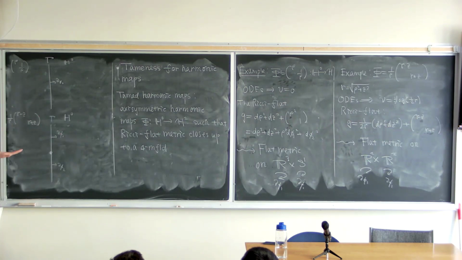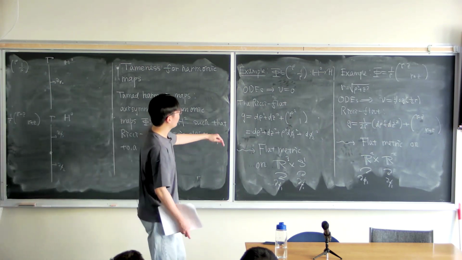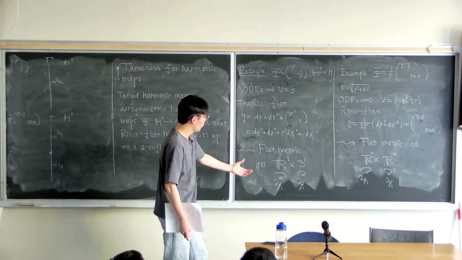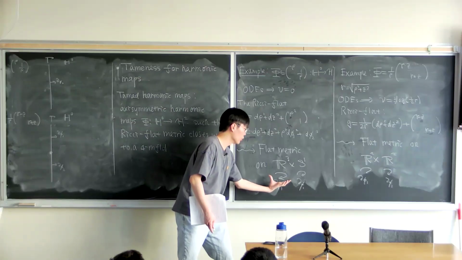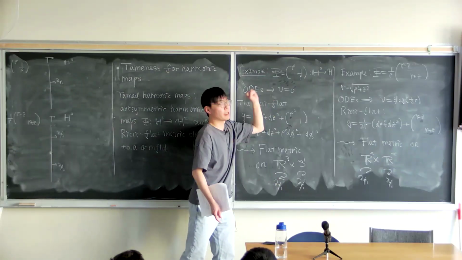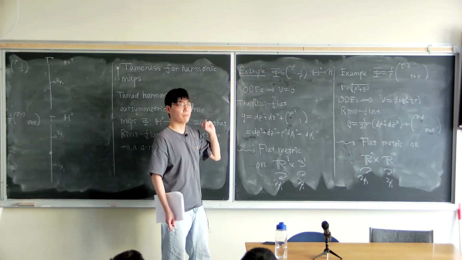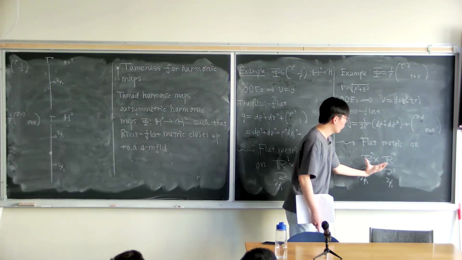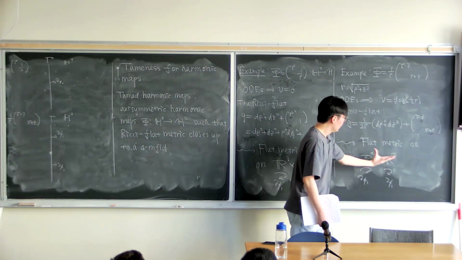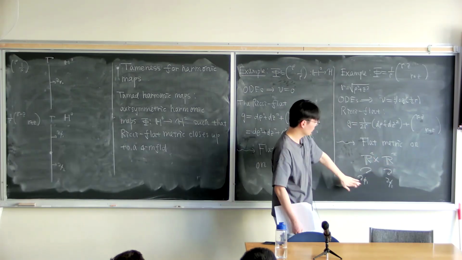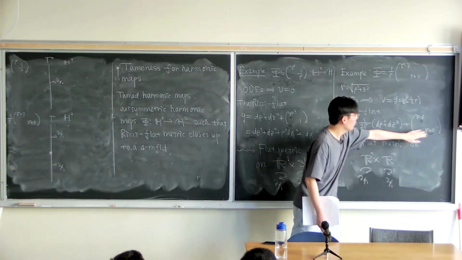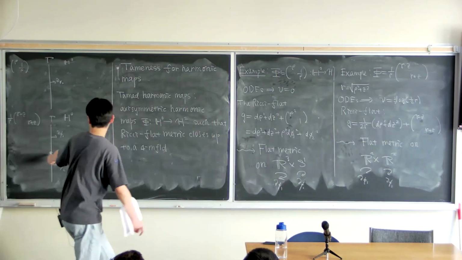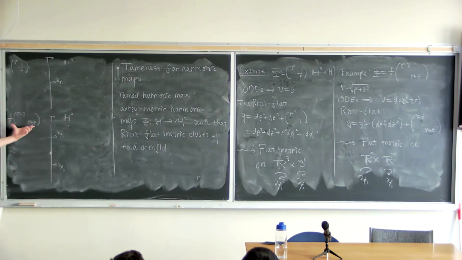Okay. So let me repeat this again. The point is, if you want your Ricci-flat metric to locally close up like this, like if you want your partial phi 1 to have zeros on the boundary, then this is the behavior you should impose on the harmonic map. Okay. And if you want your Ricci-flat metric to close up like this, like you have two rotation Killing fields, and they both vanish at the origin, then this is the behavior you should impose on the harmonic map.